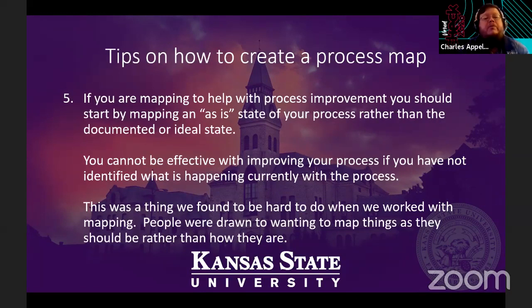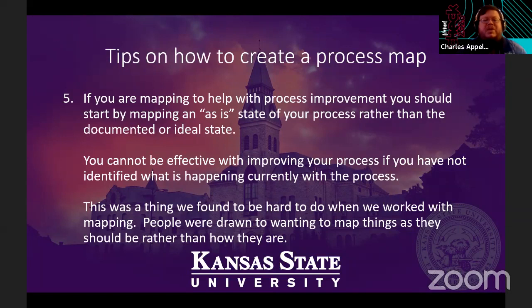Now, another thing, and this was one of our areas of importance, and we have a couple things to say here, so we're going to mix a lesson learned into this particular tip. We caution that if you're looking to work in the area of process improvement, such as we were, it is best to start with your map in what is known as an as-is state. What that means is whatever is actually happening, that's what you want to get in your map. This may end up being different than any documented process you have. These things happen over time.